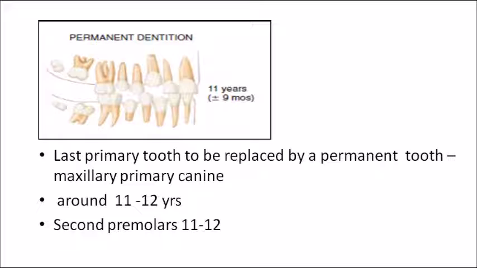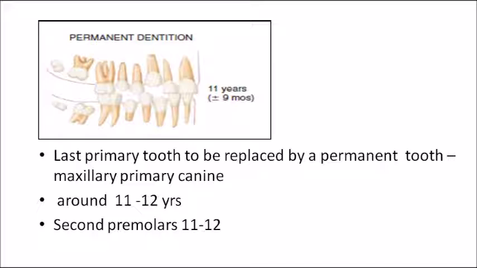So please note that by 10 years you have your primary second molars as well as your primary maxillary canine, and by 11 years you have lost all your primary teeth, and the last tooth to be replaced by a permanent tooth in the oral cavity is your maxillary primary canine, which is happening around the age of 11 to 12 years.